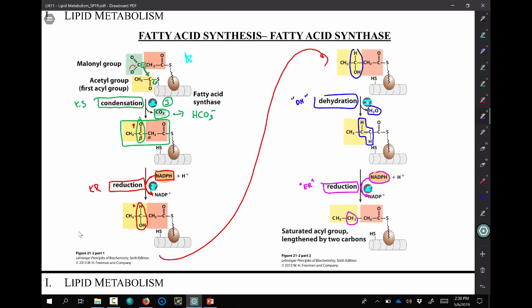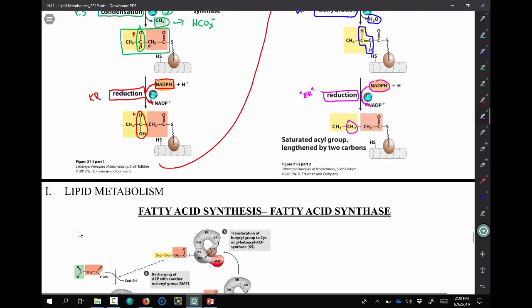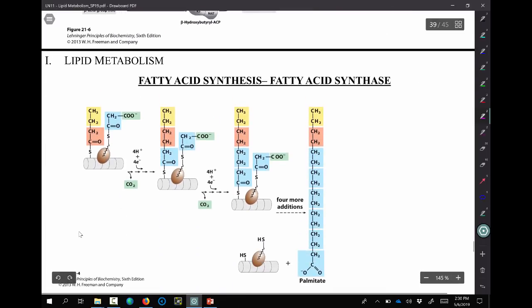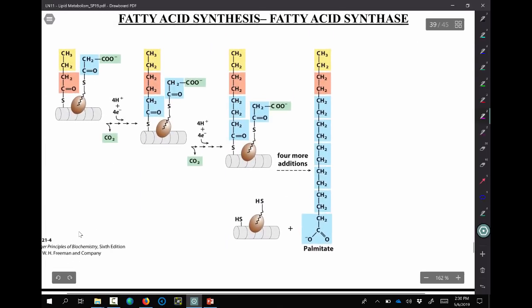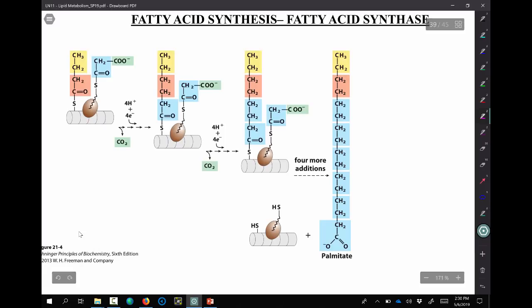Okay, all right, I'm going to skip that slide, but let me just show you this. We just ended here, where we had this 4-carbon molecule, but it was on ACP.